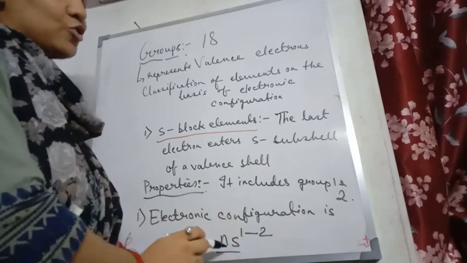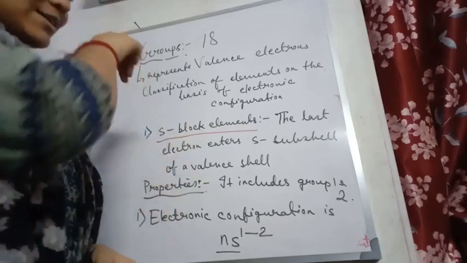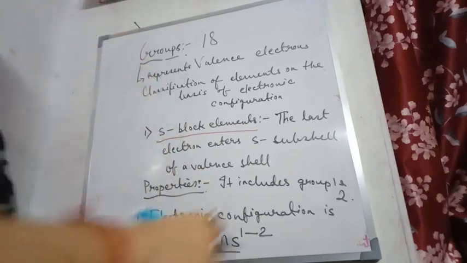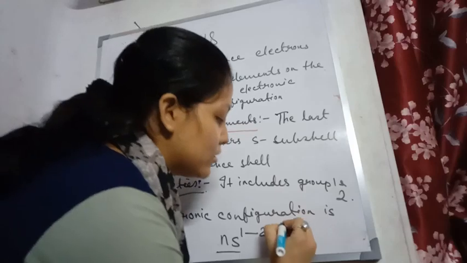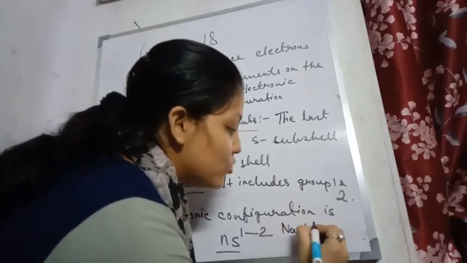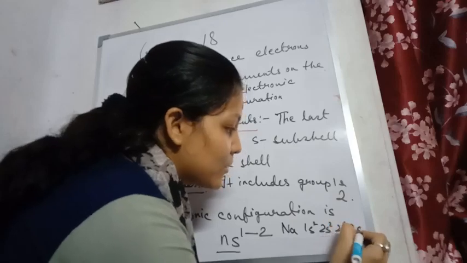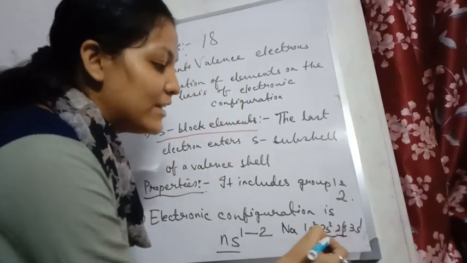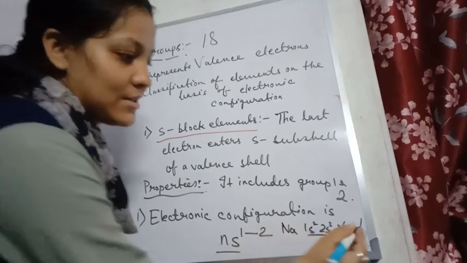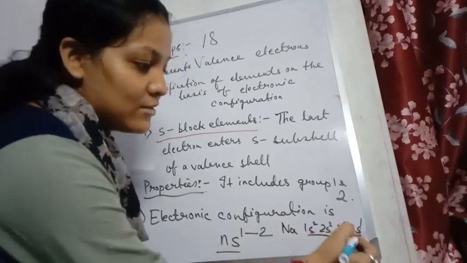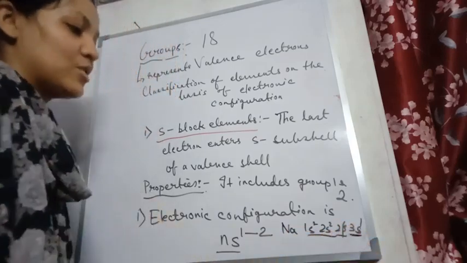For example, the configuration of sodium is 1s2, 2s2, 2p6, 3s1. These are the inner subshells, and 3s1 is my valence shell.